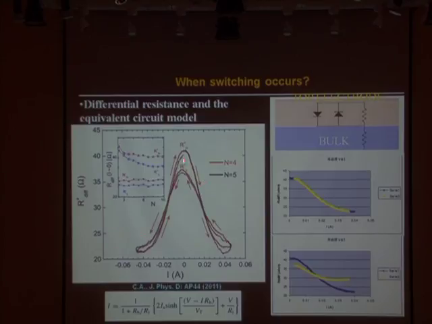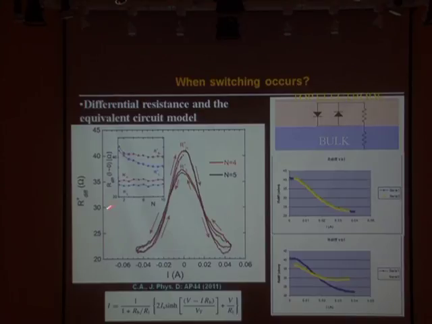Then you make another cycle, and you are again in the high resistance state. So this is the bipolar behavior. But in the second cycle, you obtain a lower low resistance state. So you observe this progressive reduction of the resistance in one of the contacts.